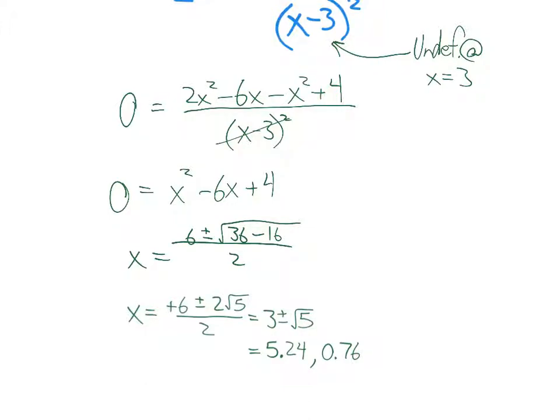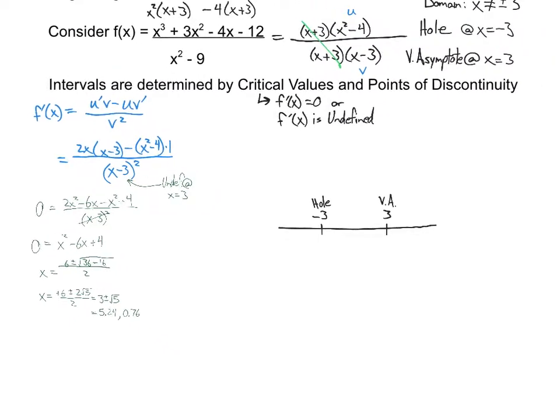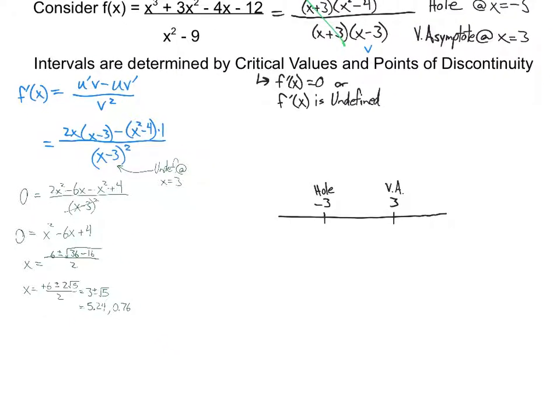So those are our 2 critical values. And now we can put those in where they belong. Okay? The 0.76 will go here, and the 5.24 is going to go right there.